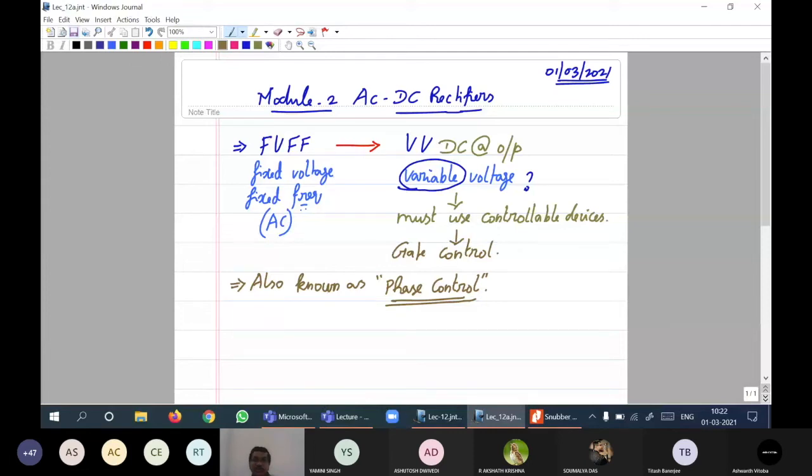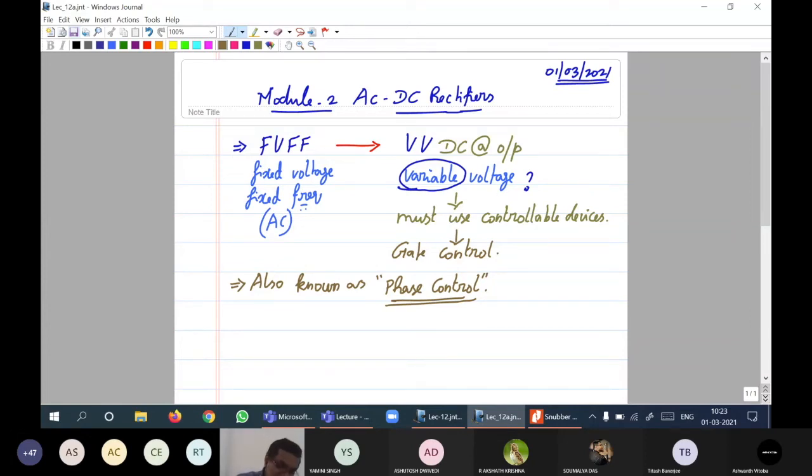Right? Effectively, when you look at the current through the load, that phase angle of current can be adjusted, though it is DC in nature. If you look at the AC side, then the phase angle can be adjusted when you vary the instant at which you turn on. So you call it phase control. Therefore, these power controllers are also called phase controlled rectifiers.